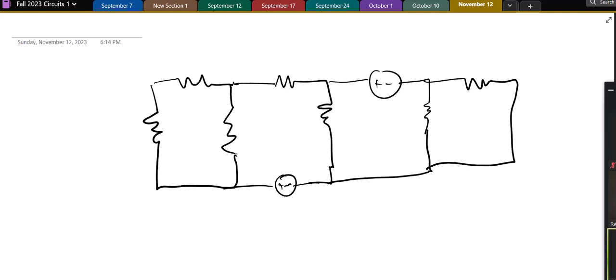Okay, so I'll identify my nodes. So I have a node here, V1, V2, V3. I could make that a node, but I'm not going to, because I'm probably just going to combine these two resistors because they're in parallel, and V4, and then I would make this ground. Then if I had some voltages here, I might label them, like I would know what V4 was, for instance. If this was given to be 10 volts, I would know that V4 was 10.